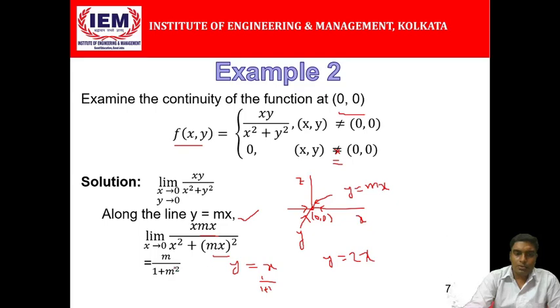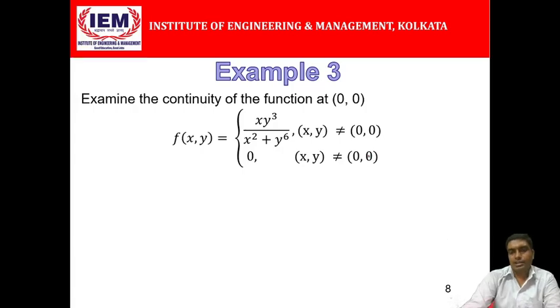Then putting m equal to 2, it will be 2 by 1 plus 2 squared, that is 2 by 5, right? So by choosing different m values, the limit is different, so this limit is not unique, right? So this function is not continuous at the point 0, 0.